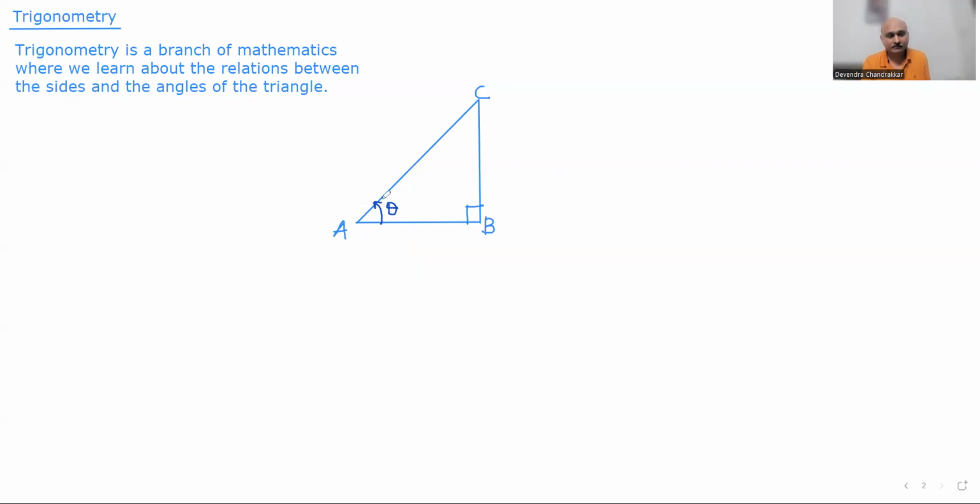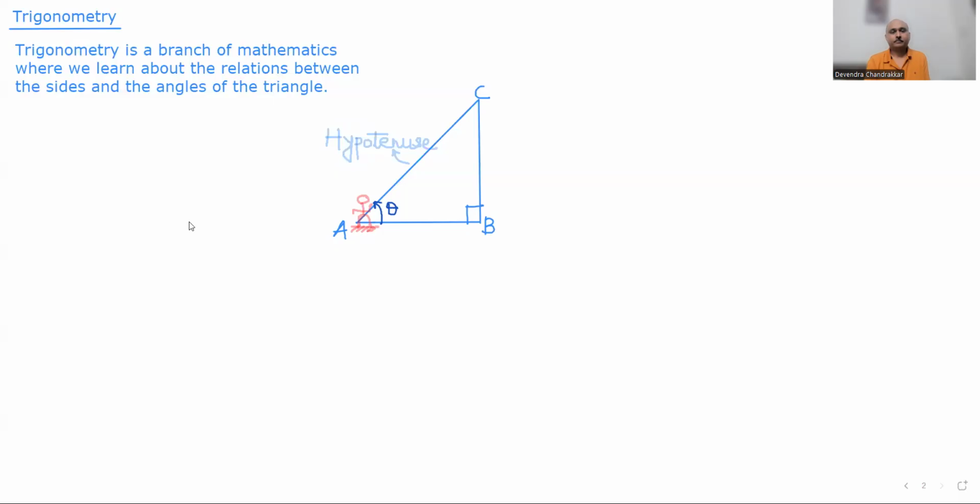The side which is the longest side, or the largest side of the triangle, is side AC, right? This is hypotenuse. The largest side of the triangle is hypotenuse.